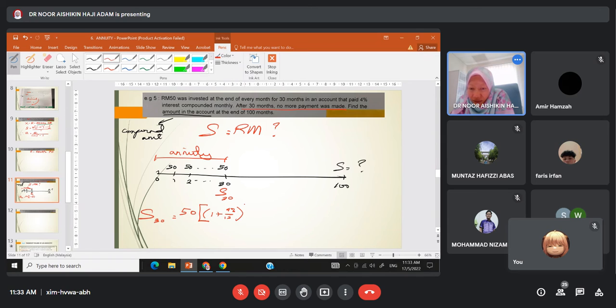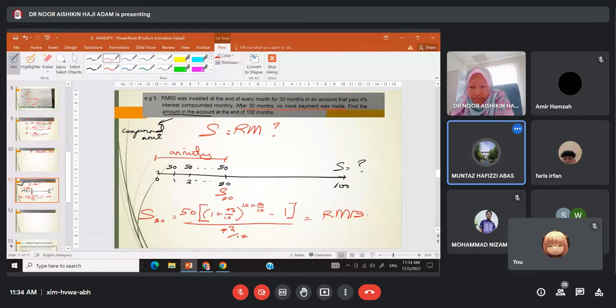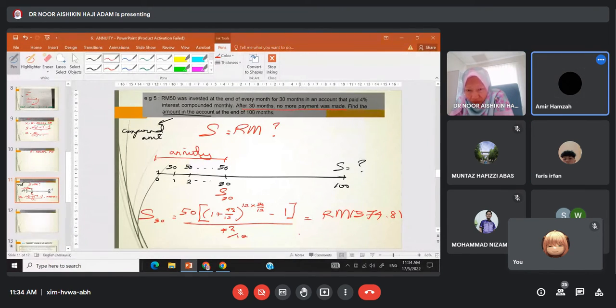What is your n? 12 times 30 over 12, so it's just 30. So far so good, class? And then minus 1, and then you divide everything by 4% over 12. So that is your S30. Someone already found it earlier. What did you get for S30? RM1,574.81. Did others get it too? 1574.81. Yes.